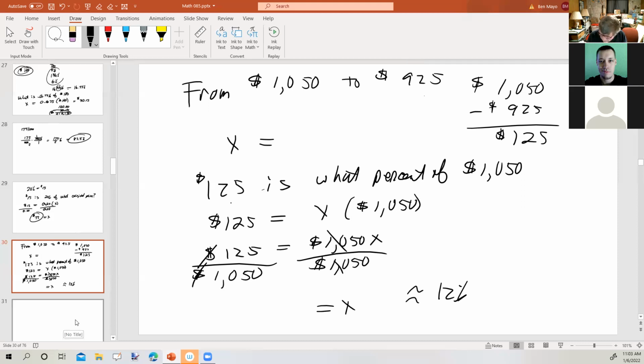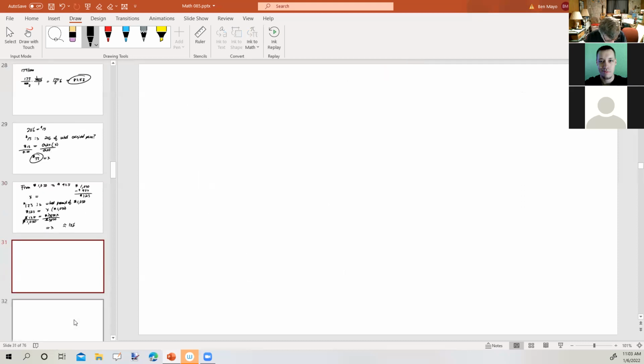Okay. This says real estate. A 3.5% commission paid to a real estate agent on the sale of a condominium earned her $3,325. Find the selling price. So the commission was equal to $3,325.